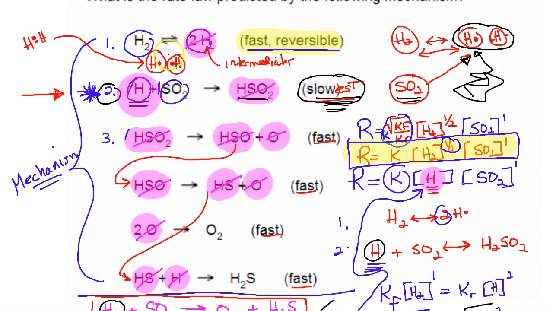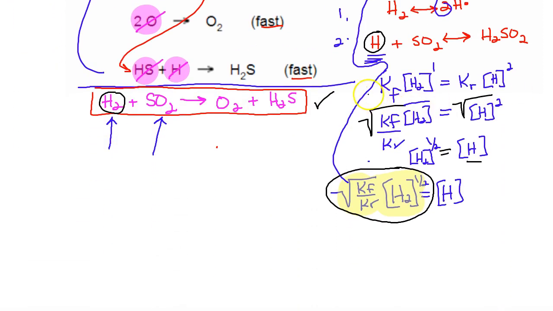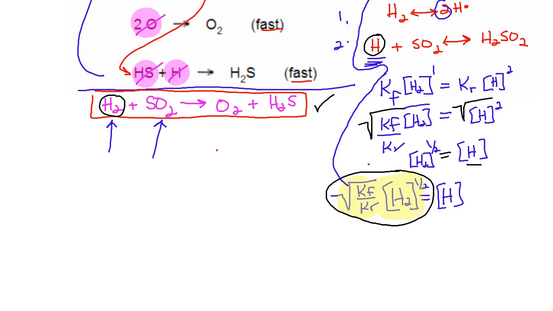That's the first thing in fast equilibrium, or reversible. Because of that, the forward reaction equals the reverse, and therefore by setting the rates equal, and that's what I did right here. This is the rate of the forward reaction, and this is the rate of the reverse of the first step. And the reason why there's a 2 here is because there was what?